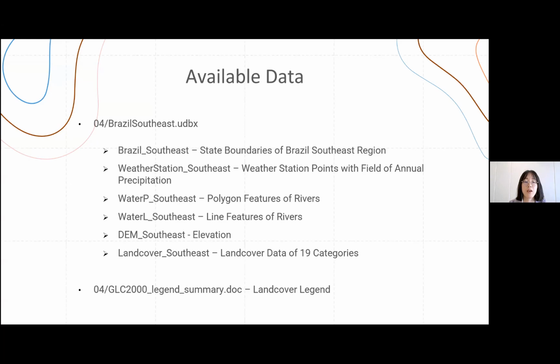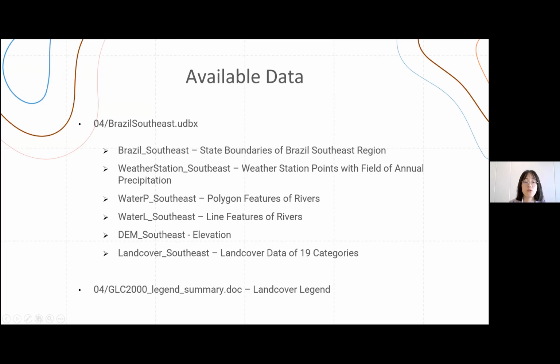And here we can see that we already have the record for the land cover type. So here, in the second part, our task is to extract slope and distance to river, and also precipitation for the whole study area from this data set. And so now let's see how we can extract them.